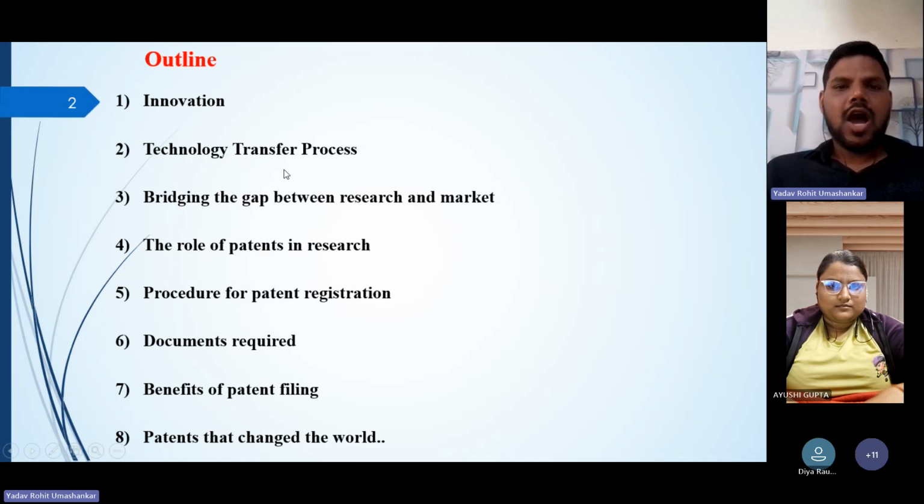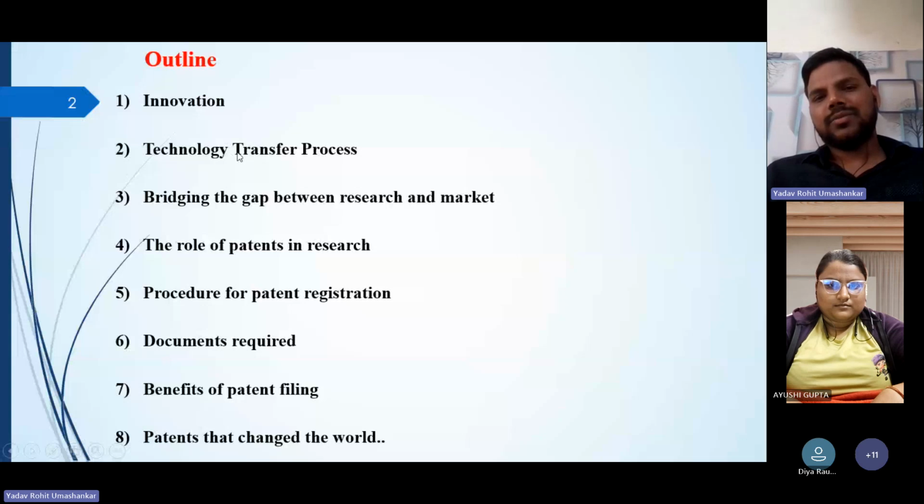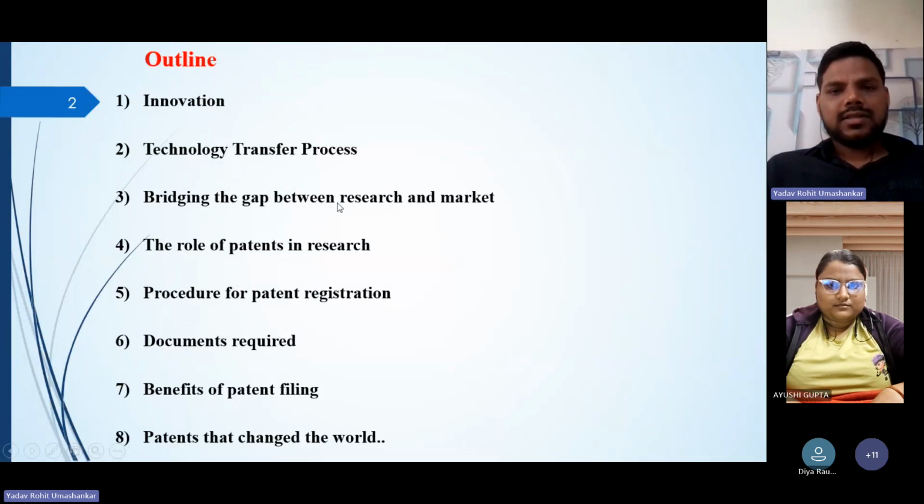Then we will see how that innovation can be transferred in the form of technology, through various stages, to the marketplace. Since research is mostly done at the institute or university level, there should be some bridging between the institute and the marketplace. So we will discuss a few things about this.